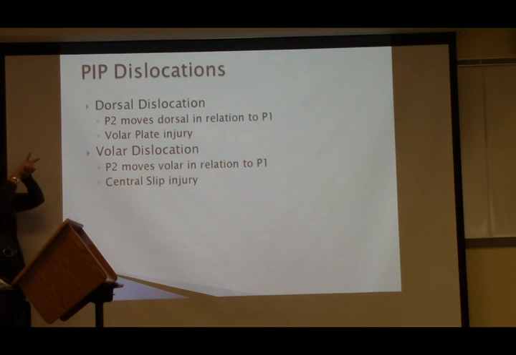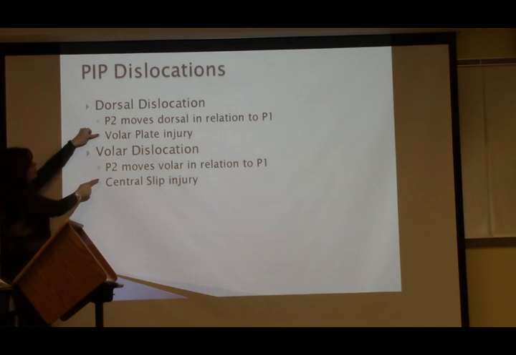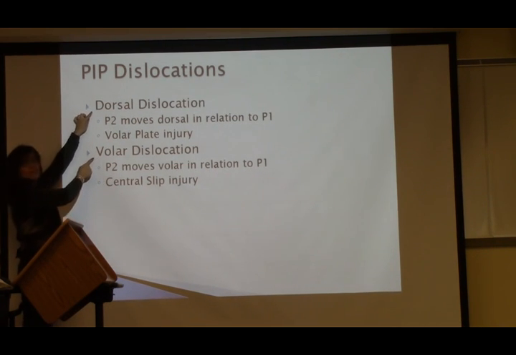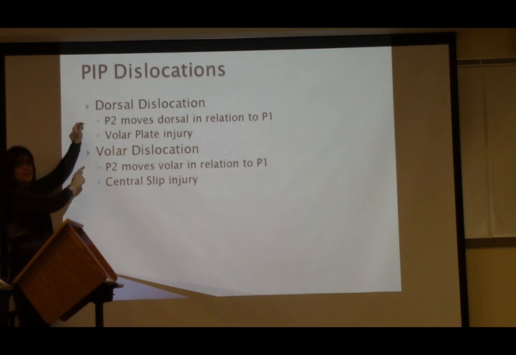Do you see what I'm saying? Central slip injury. Do you think you would treat these two things the same? Do you think you would treat them the opposite? So if you're not clear, will you do the right thing? No. You could really muck someone up.